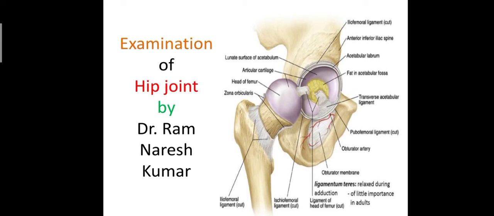It is formed by the union of the acetabular component of the pelvic bone and the femoral head, neck, greater and lesser trochanter of the femur.